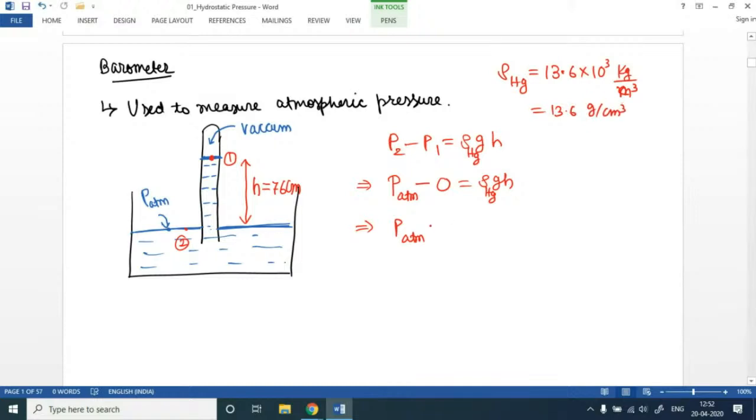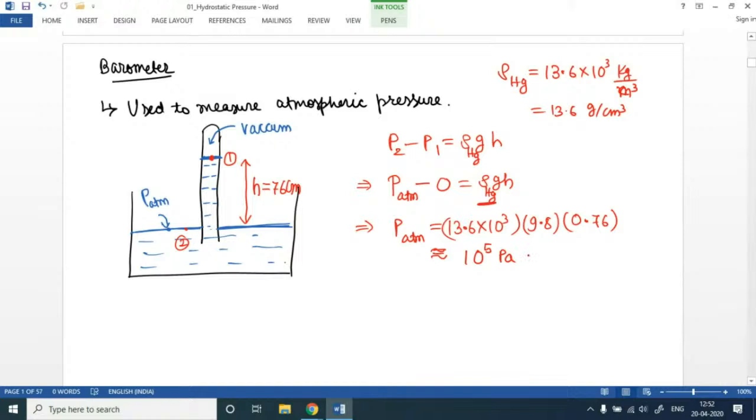So PATM in SI units you can also calculate. Substituting the value of rho Hg, 13.6 into 10 to the power 3, G is 9.8, and H we have already seen is 0.76 meter. When we calculate this, it is approximately equal to 10 to the power 5 Pascal.